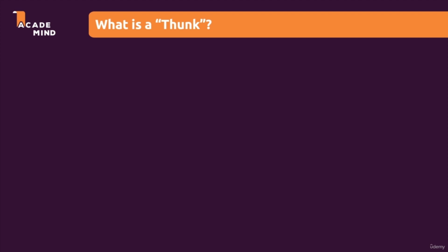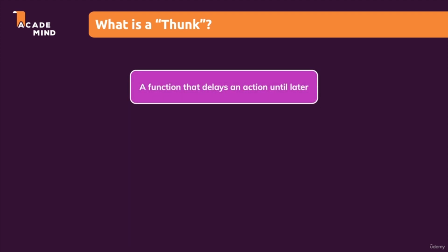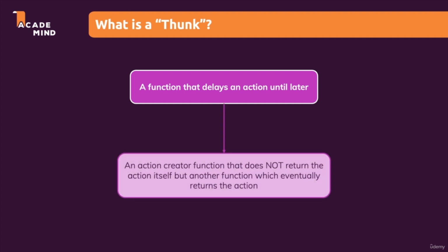A thunk is simply a function that delays an action until later, until something else finished. And we could write an action creator as a thunk to write an action creator which does not immediately return the action object, but which instead returns another function which eventually returns the action, so that we can run some other code before we then dispatch the actual action object that we did want to create.